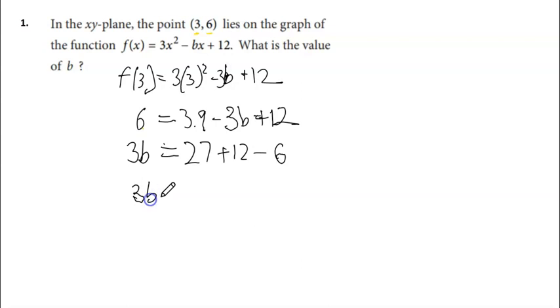So it's 3b equals 27 plus 12 minus 6, which is 33. And then b is going to be what? 11. All you have to do is divide each side by 3. 3 cancels 3. That's 1. 3 goes into 33 is 11. So the value of b is 11. All right? So that's for the first question.